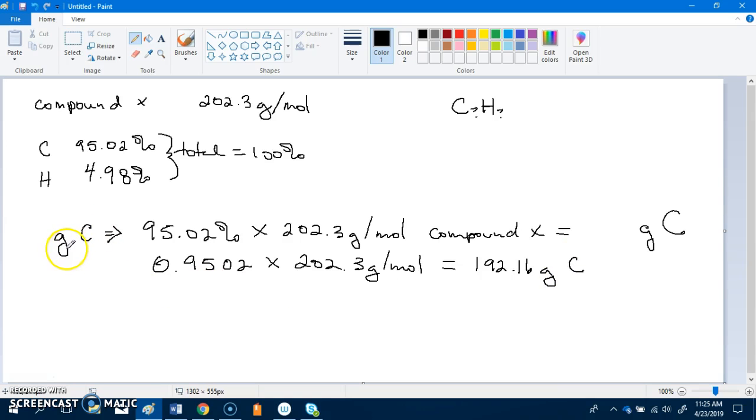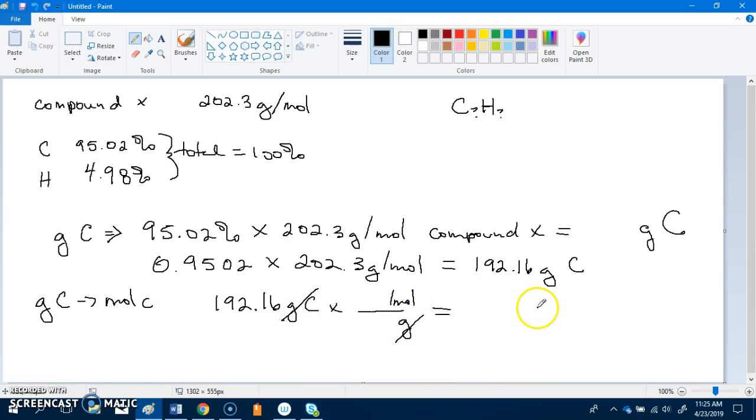Next, we're going to do a conversion from grams of carbon to moles of carbon. We're given 192.16 grams of carbon, and we want to convert that to moles of carbon. Those will cancel out, and that will give us moles of carbon.